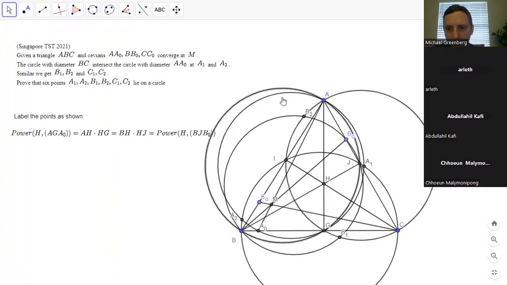So A naught. Did I do the wrong circle? Maybe. So oh, this shows that A1, H, and A2 are collinear, I think, because it's the intersection of this circle and this circle.